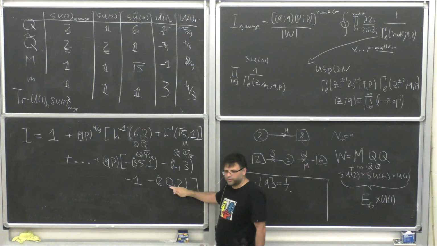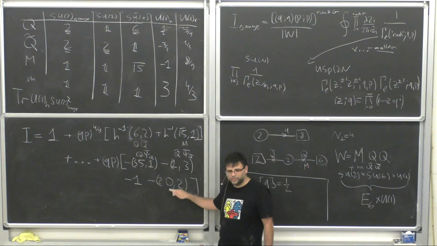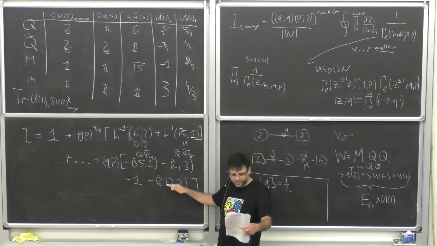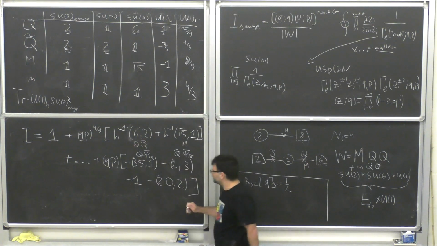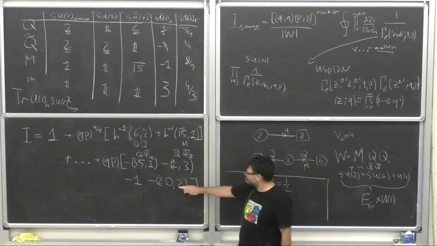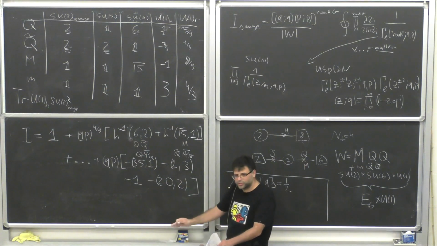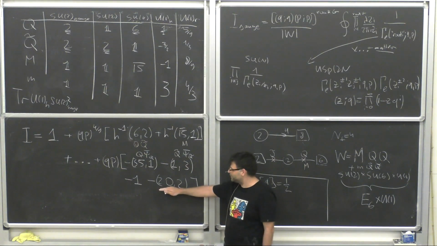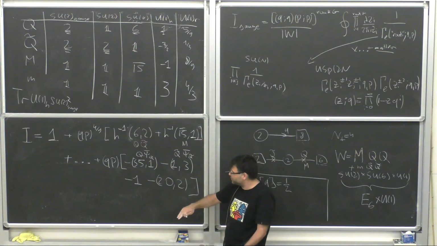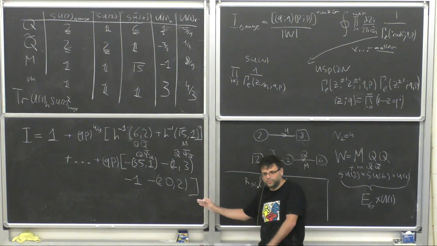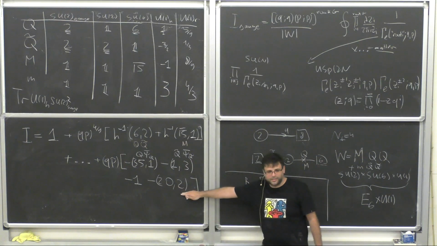And this will come from some complicated operator. It will not come from a simple operator, from some operator which is basically a quartic in the fields. It's actually, to be more precise, there is an operator which contributes with a plus sign, which is in some representation, and in the minus sign, one of them is quartic in the fields, one of them is cubic in the fields, and in the end, only this term remains.